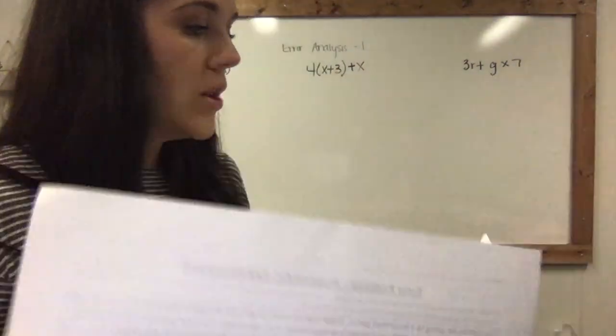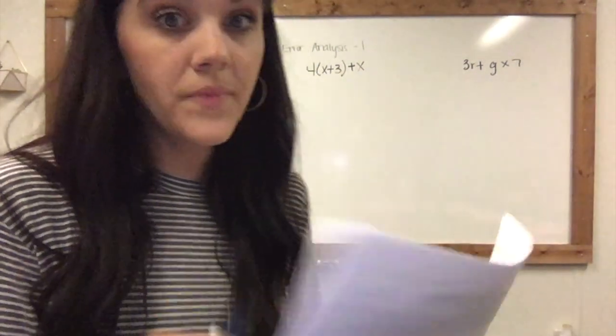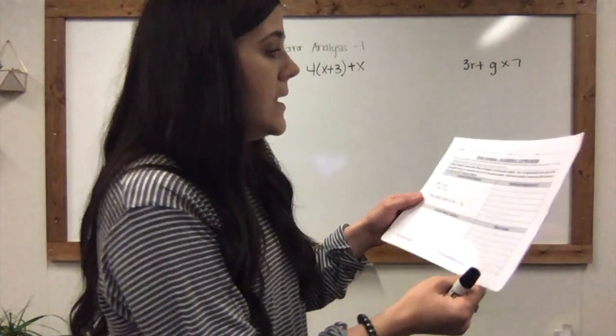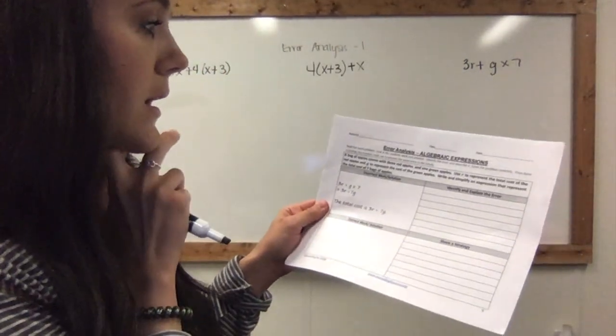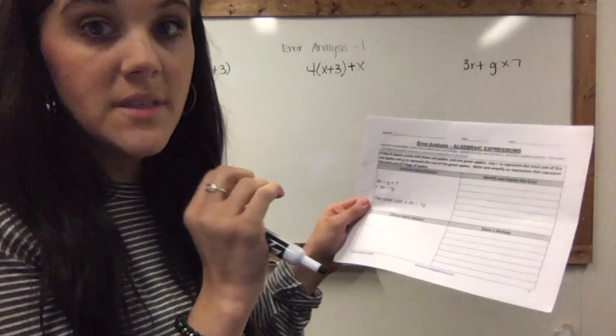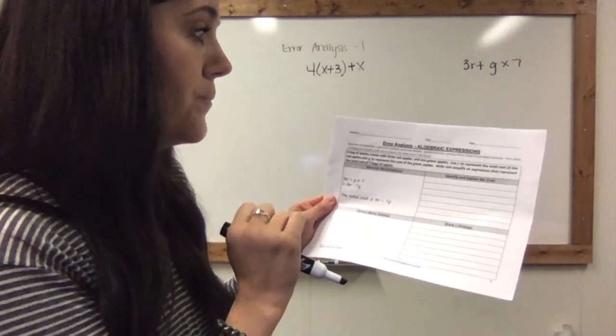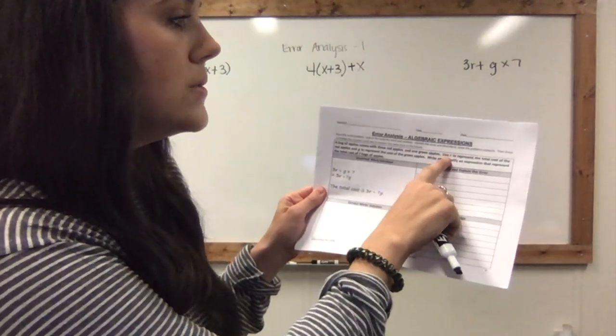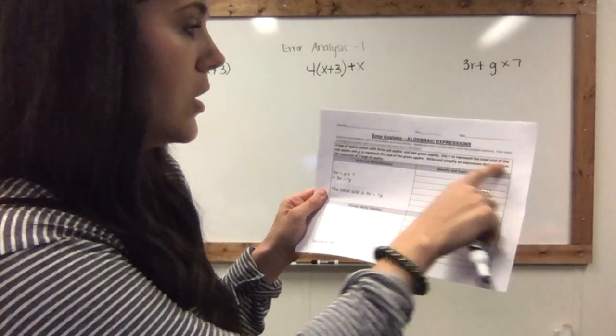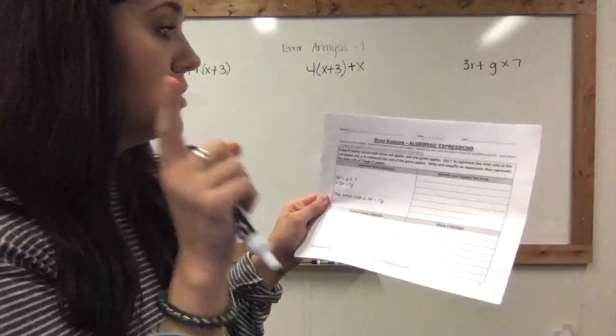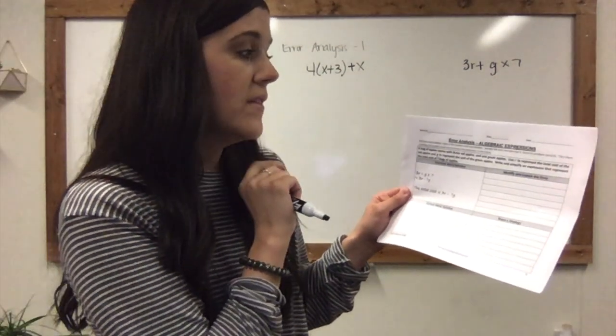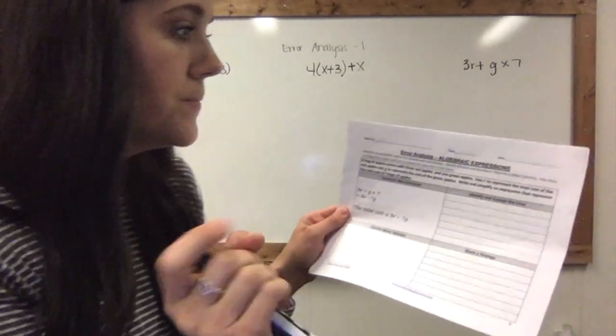Okay? Let's look at the next one. On the second page, a bag of apples comes with 3 red apples and 1 green apple. Use R to represent the total cost of the red apples, and G to represent the cost of the green apples.